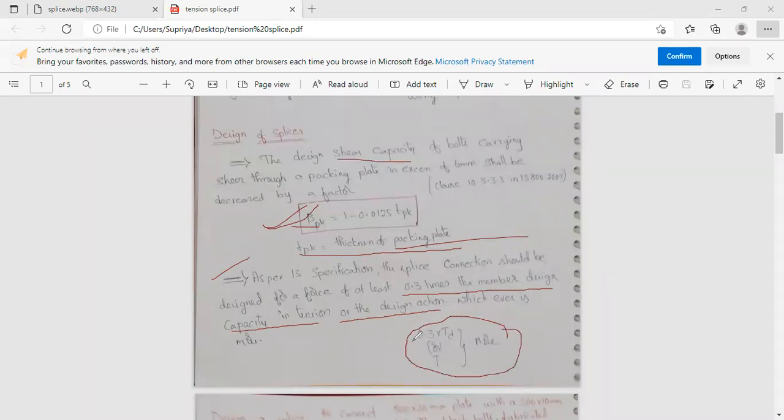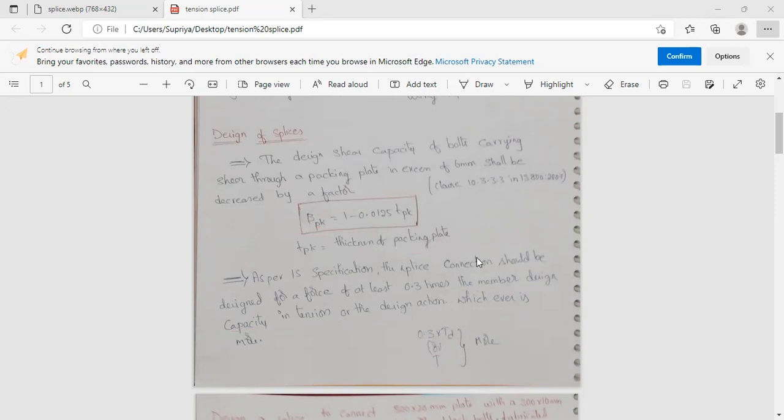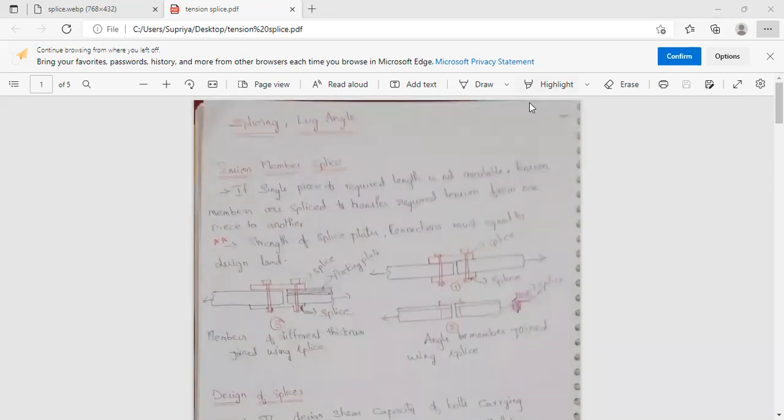At least 0.3 TD or T, where TD means design load, and T means the load acting on the member.